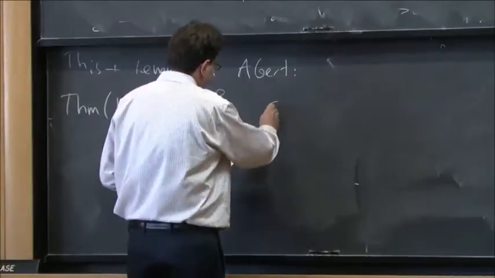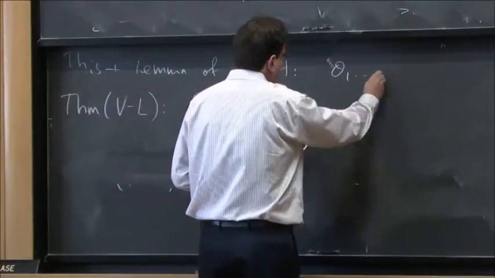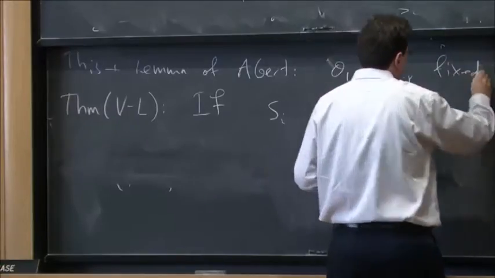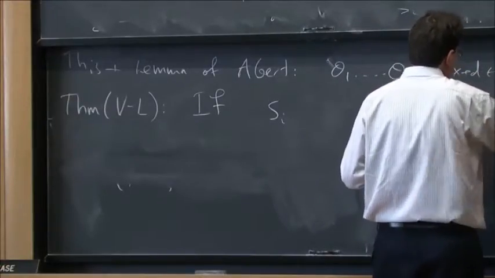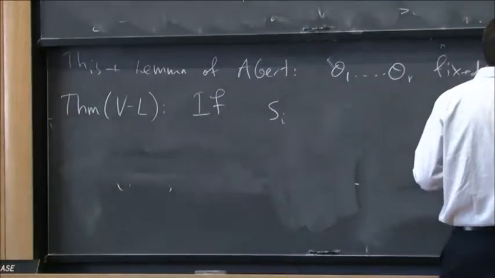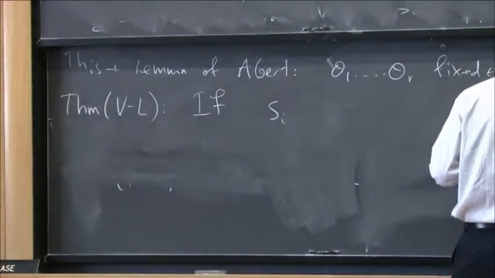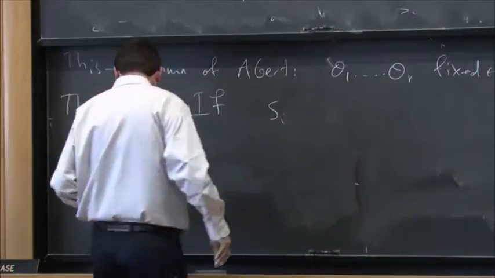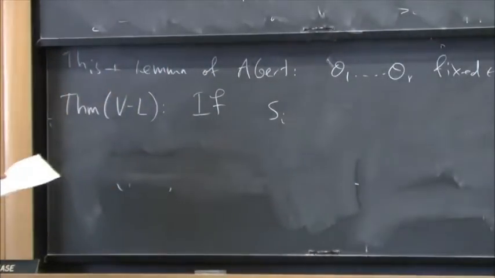So I have here, now take theta 1 through theta r to be fixed rotations in SO(D) with spectral gap, in the sense that the averaging operator, when you take them and their inverses, has spectral gap.